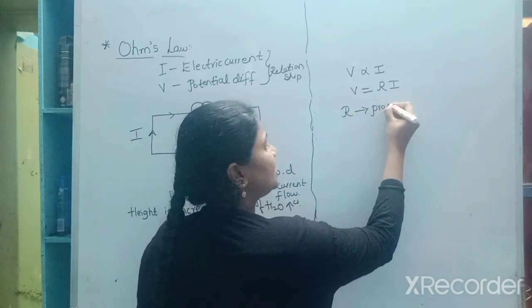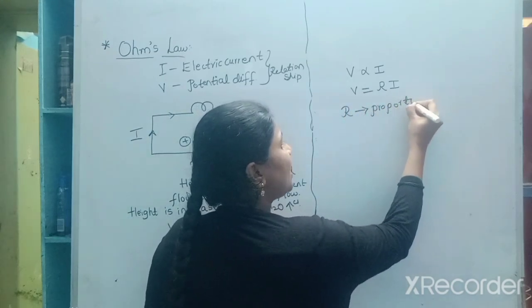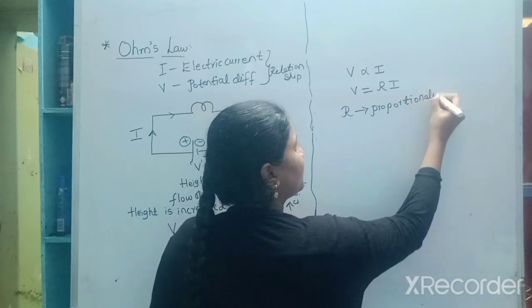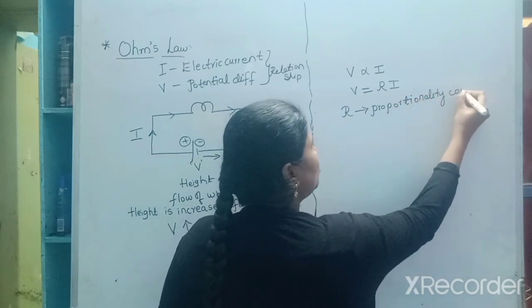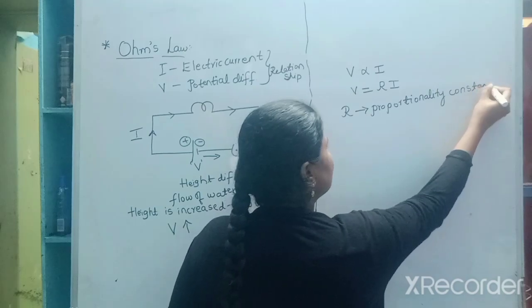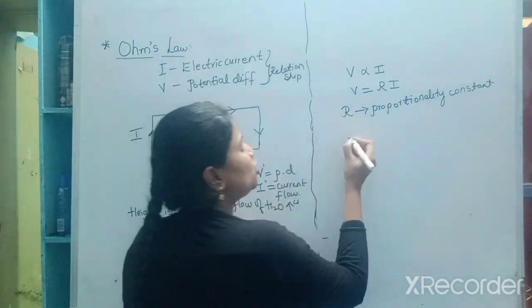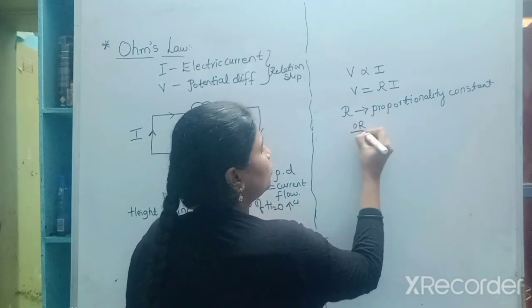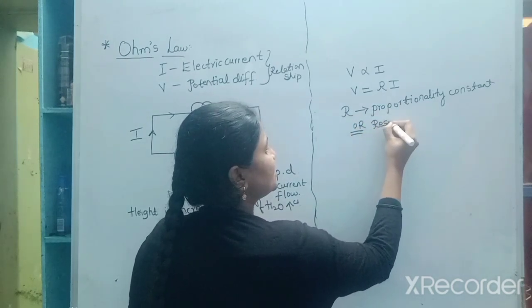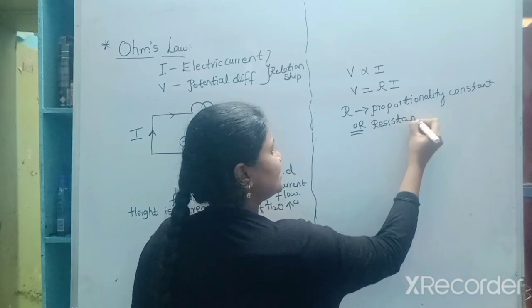It is termed the proportionality constant. To remove the proportionality sign, we consider R. It is also known as resistance.